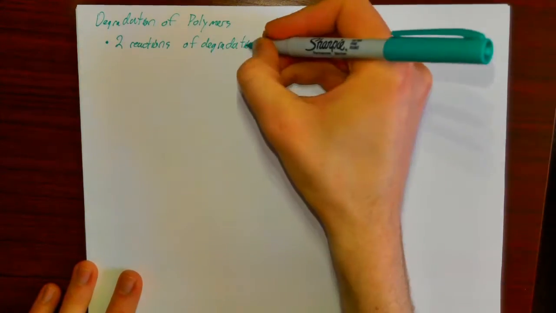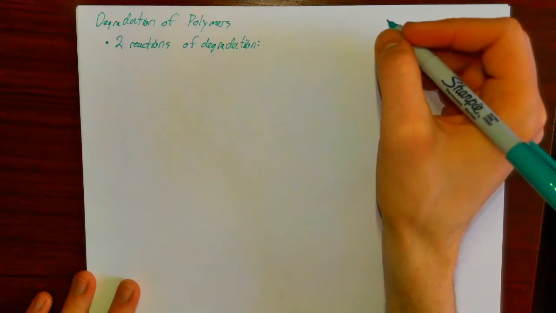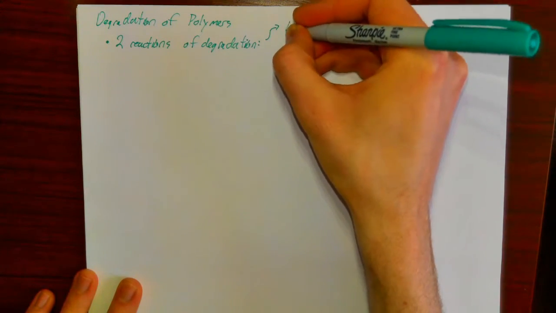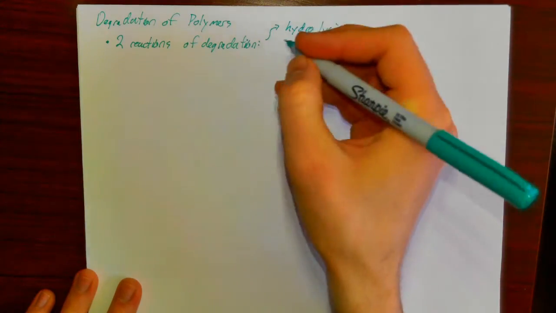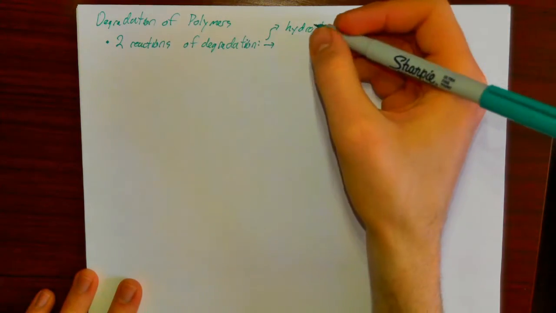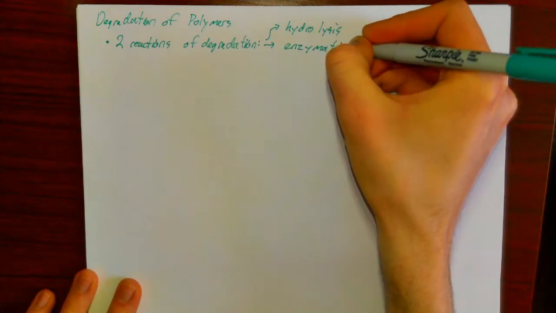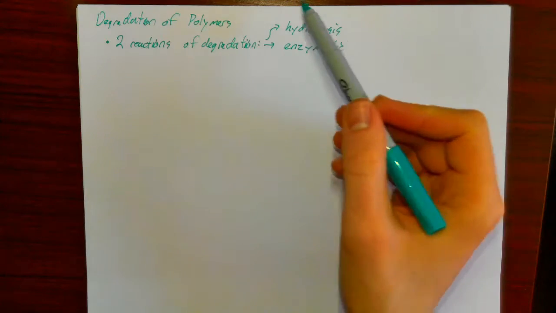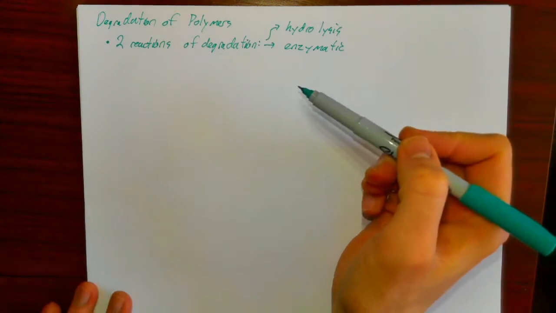And the chemical reactions that lead to polymer degradation generally fall into one of two categories. They fall into hydrolysis or enzymatic degradation. And in particular, I guess we're mostly talking about degradation of polymers within the body, but also these reactions can occur outside the body as well.